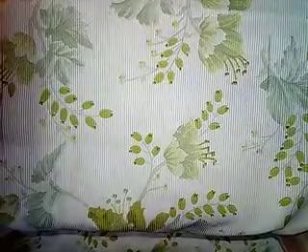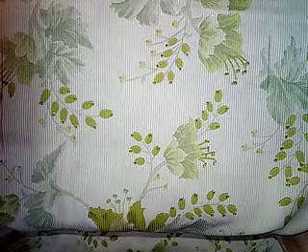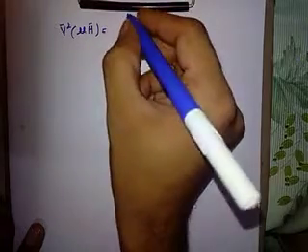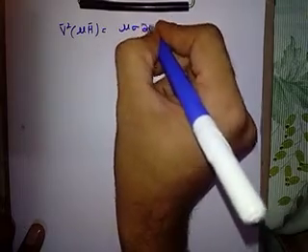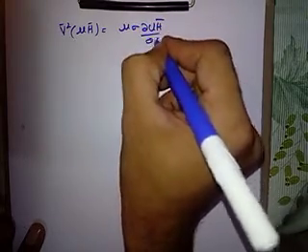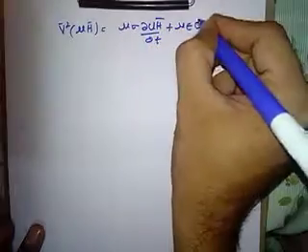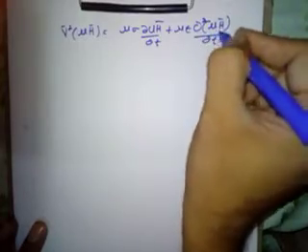So if we multiply both sides with μ, then ∇²μH̄ will be equal to μσ ∂μH̄/∂t plus με ∂²μH̄/∂t².